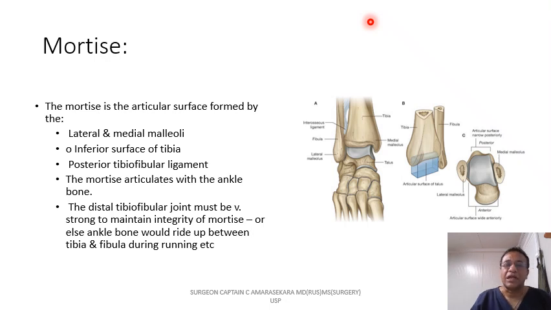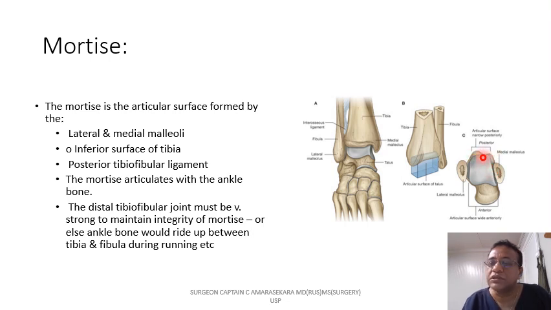Otherwise, any laxity allows the talus to ride upward during activities such as running. So it is very important, especially because all the body weight is transmitted through this joint, especially in high impact activities such as running and walking. Right here, you can see this transverse cut. You can see how it looks, this is the talus.